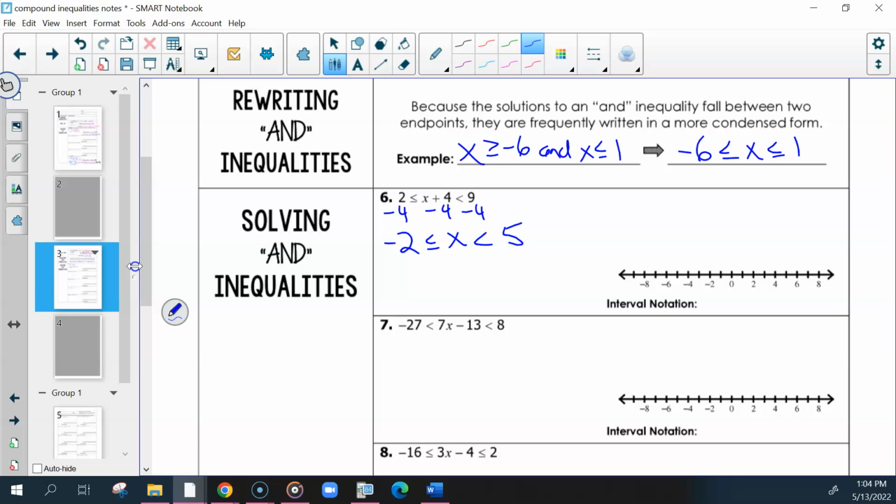So Rashad, this would be an example where you have a closed and an open, or bracket and a parenthesis. Okay. So in this case, when we draw this, the -2 would be closed, the 5 would be open, and you would draw a line that connects them.